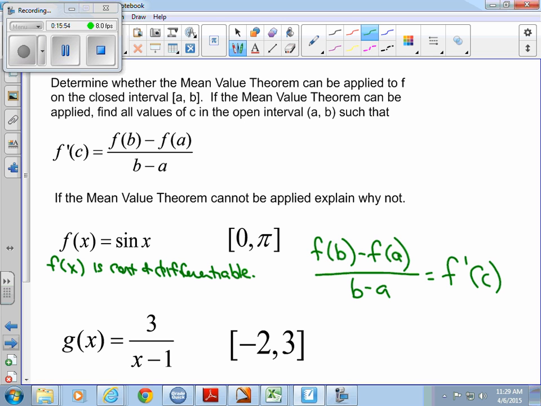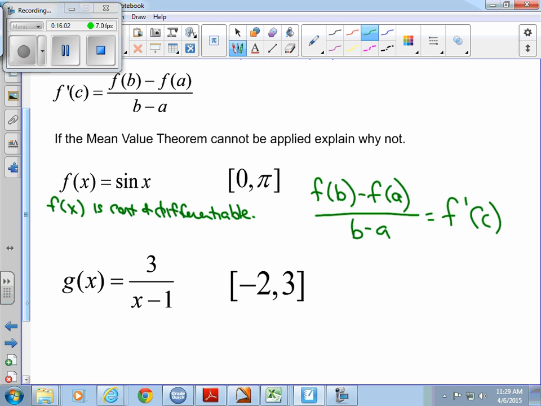But so f of b minus f of a over b minus a, f of 0, or sorry, f of pi, wouldn't matter, it's only 3.6. f of pi minus f of 0 over pi minus 0 equals f prime of c. Well, f prime of c would be cosine of c, right?